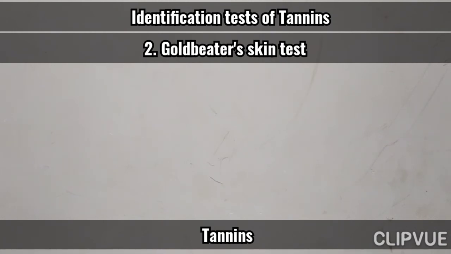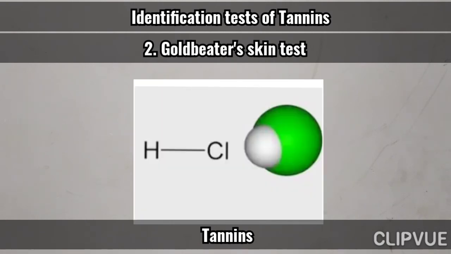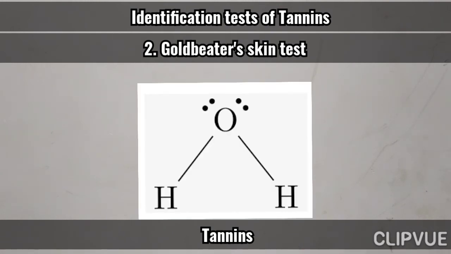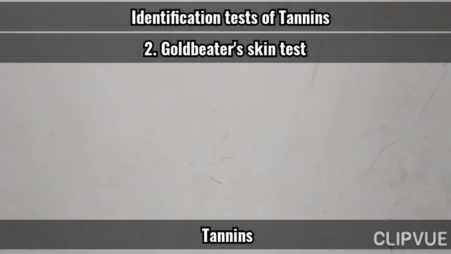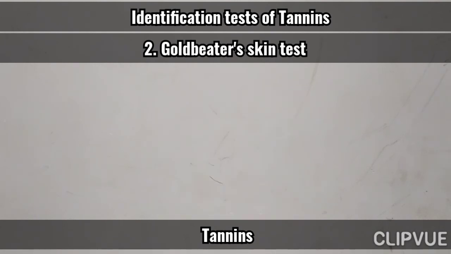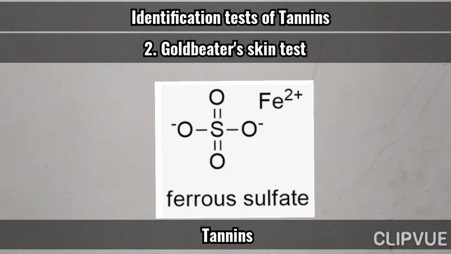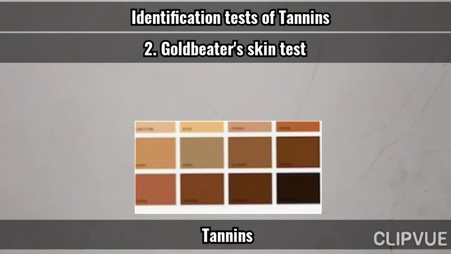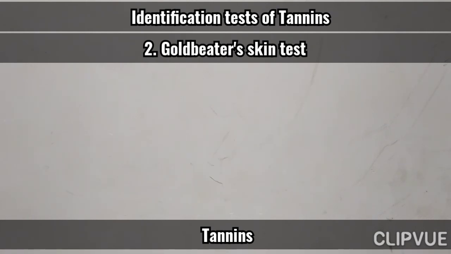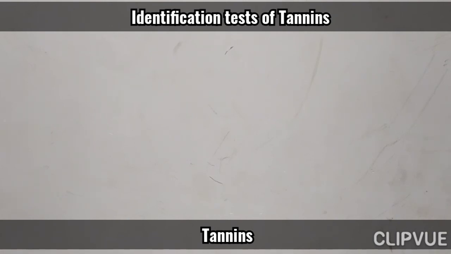The piece of gold beater's skin is soaked in 20% hydrochloric acid, HCl, rinsed with distilled water and placed in the solution of tannin for 5 minutes. The skin piece is washed with distilled water and kept in the solution of ferrous sulfate. It gives a brown or black color on the skin. That is the positive indication for the gold beater's skin test.